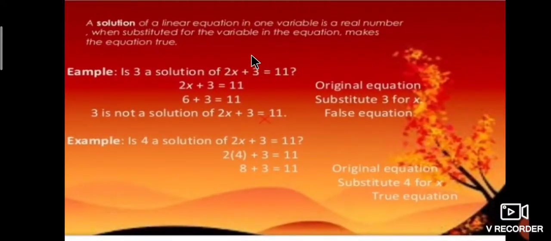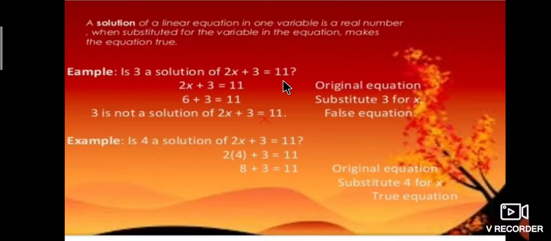Next, a solution of an equation in one variable is a real number which, when we substitute it for the variable in the equation, makes the equation true or false. For example, observe, students, this type of problems are given: for example, 3 is the solution of the equation 2x plus 3 is equal to 11.